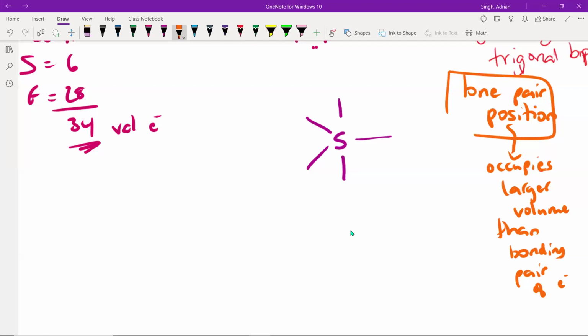Okay, and if you can remember, along the equatorial positions, there's actually a bond angle here of 120 degrees between the equatorial positions versus 90 degrees between the axial and the equatorial positions. So if we have a choice of where to put the lone pair in a trigonal bipyramid, we're going to stick it in one of the equatorial positions because there is more room in that location.